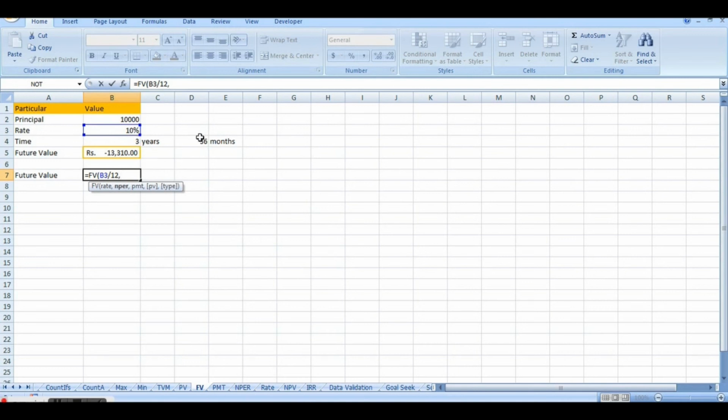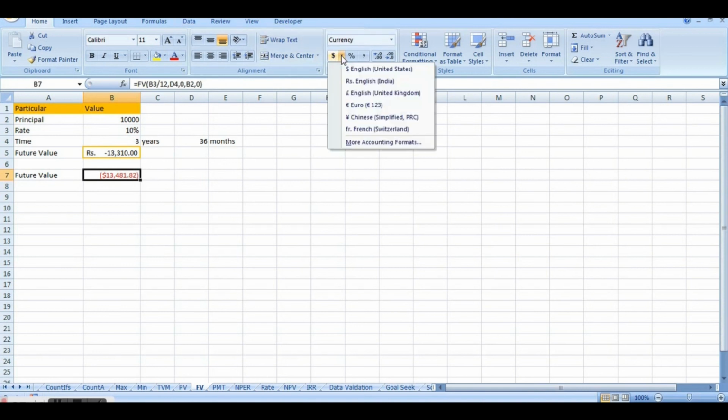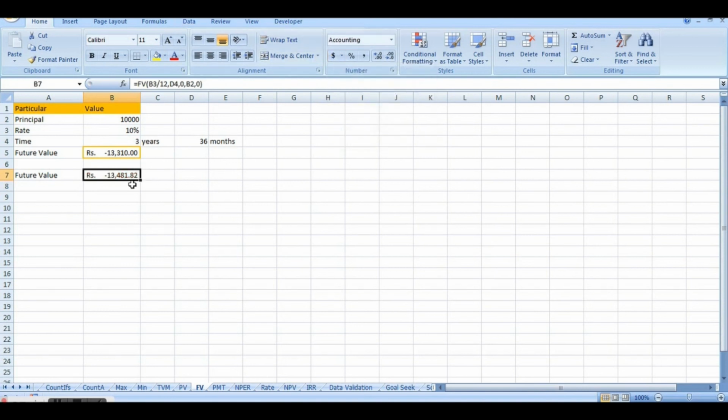Now number of periods is not 3 here but 36. Why? Because the compounding will be done monthly. So 36. Interval payments are 0. Present value is the loan taken now, 10,000, and the type is 0. You can see the amount also has changed. As there are more compoundings, the amount will increase.